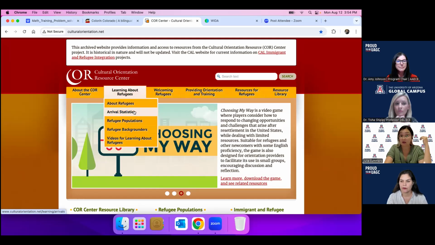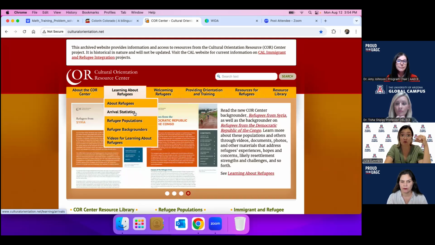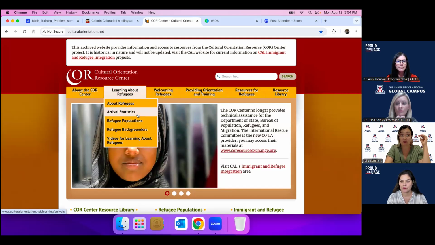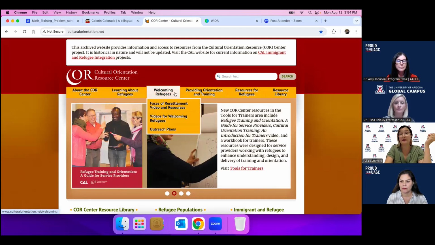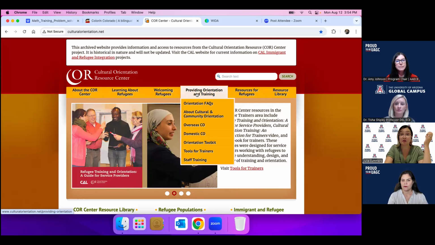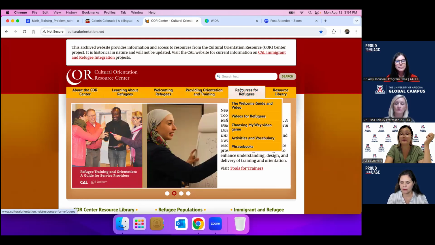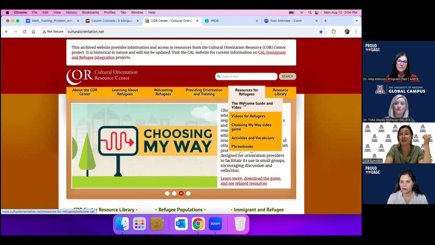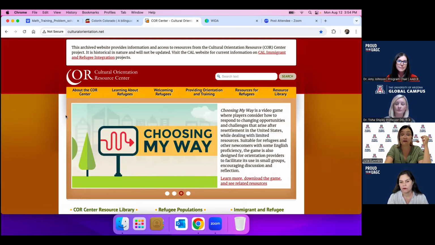I used it for my recent book chapter, where I had to look up how many refugees we have in Houston and where they are from. I used the statistics from this website and their backgrounds, even videos for learning about refugees, how to welcome them, and provide resources to them, and lots of activities. So those are just three that I recommend using.